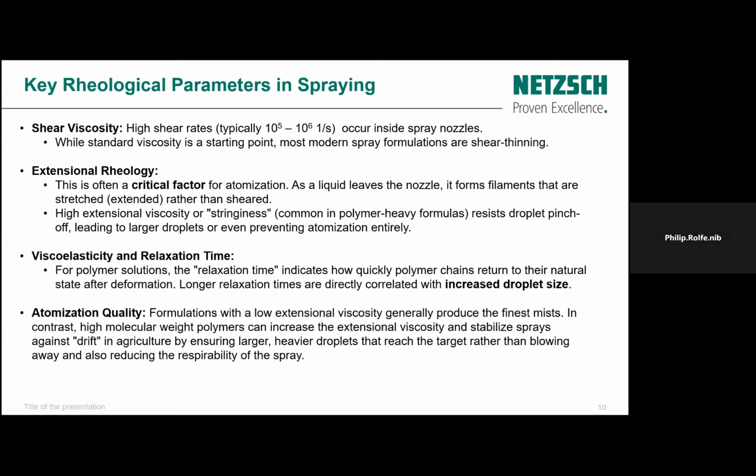So atomization quality is obviously affected by the extensional viscosity and also by the shear viscosity. And as you may hear from our particle size colleagues, this is kind of important. You probably realize that if the particles are very, very small, then they actually will go straight into somebody's nose and then down their trachea and then into their lungs, and they're respirable.